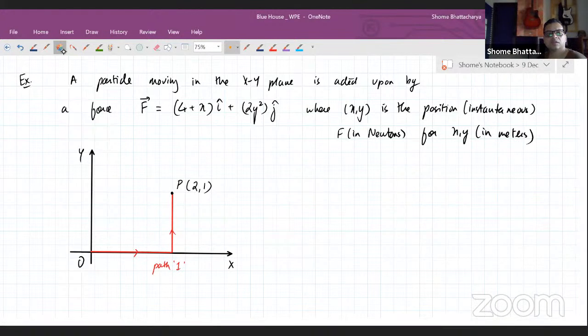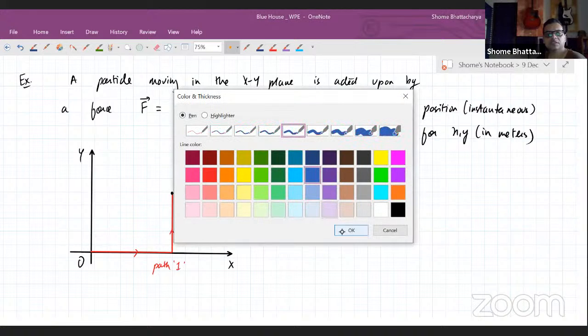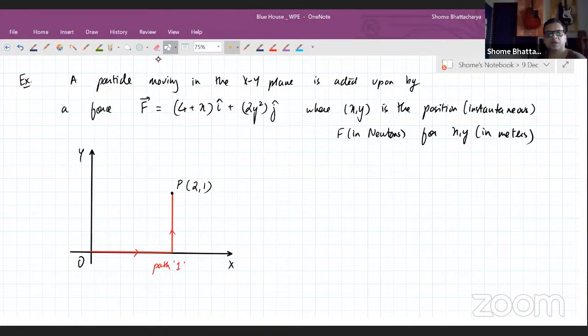We'll also analyze what happens if the particle takes a path wherein it first moves from the origin along the y-axis to a point here and then moves parallel to the x-axis till it reaches the point P. So we'll analyze what happens in these two separate paths in terms of the work done by the force acting on the particle.